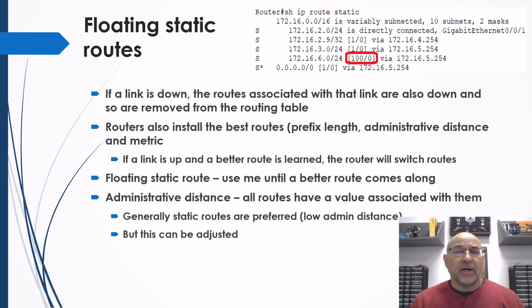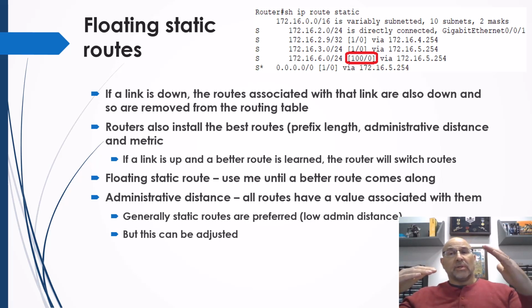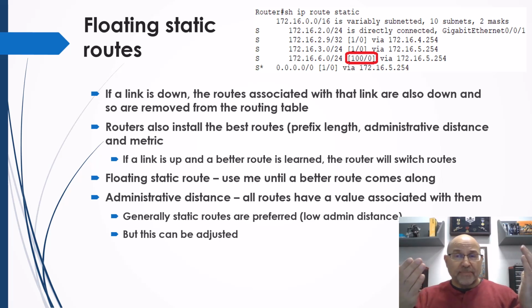Assuming that all the networks were the same, they would pick based on the admin distance. And what this also means is that you could have a route that you're using, and then the minute a better route comes along, we stop using this one and we use the better one, but then something might happen to that one, in which case we pop this one right back in there. That's a floating route.